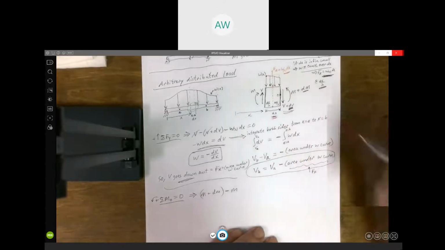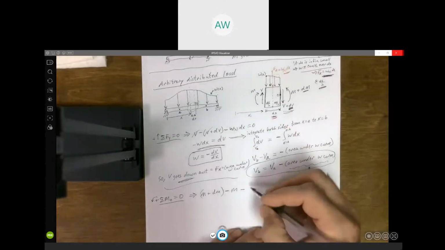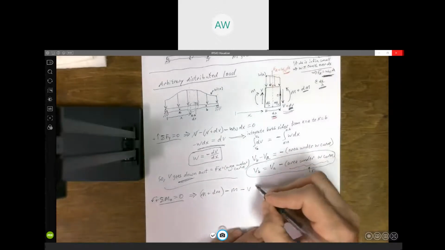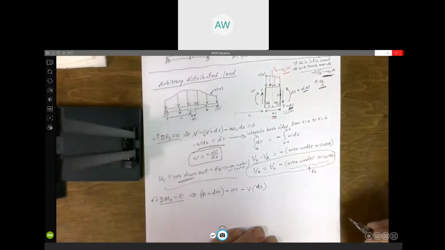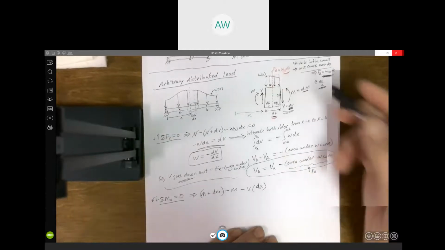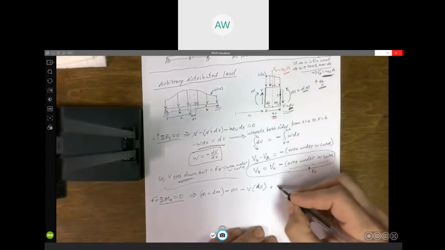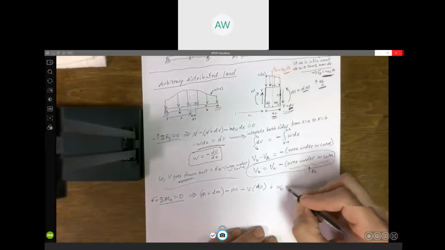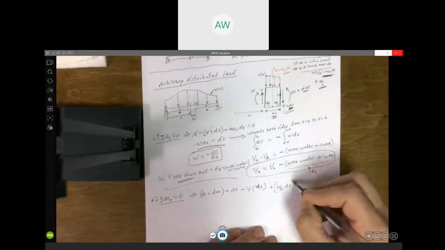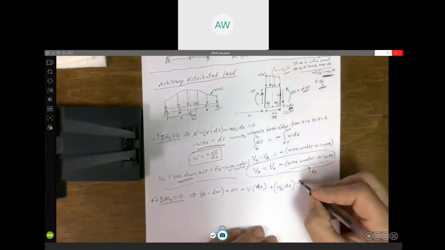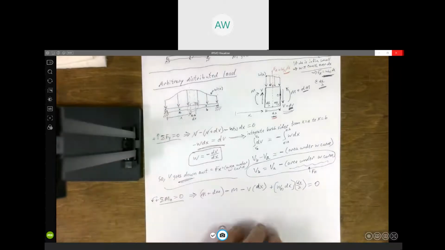V over here does not. So that's minus clockwise moment V times this distance dx. And then we got our resultant force counterclockwise. That's the force, w dx, and it would be times dx over 2. Now it's got to add up to 0.